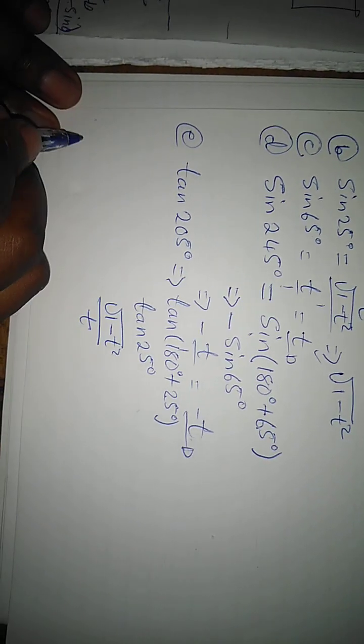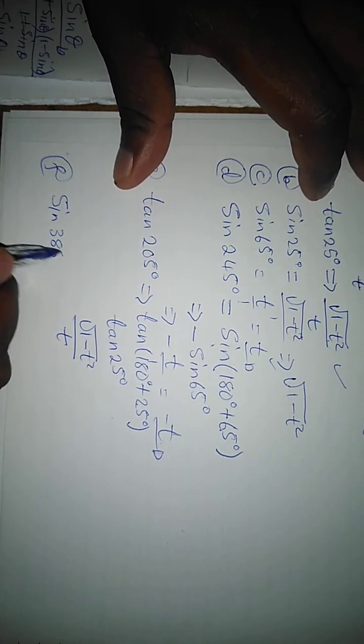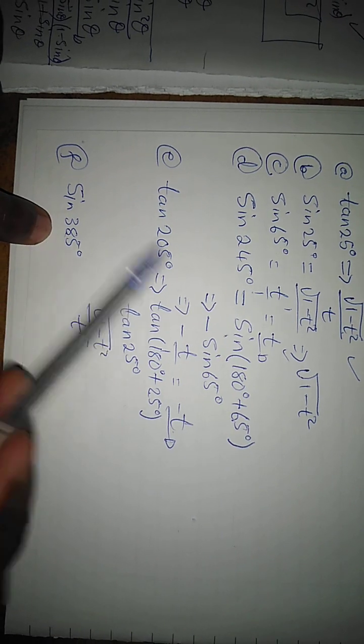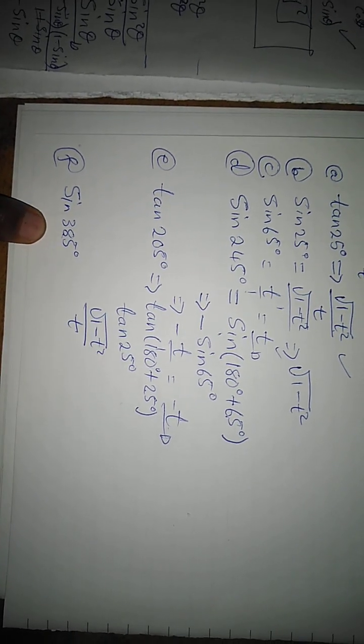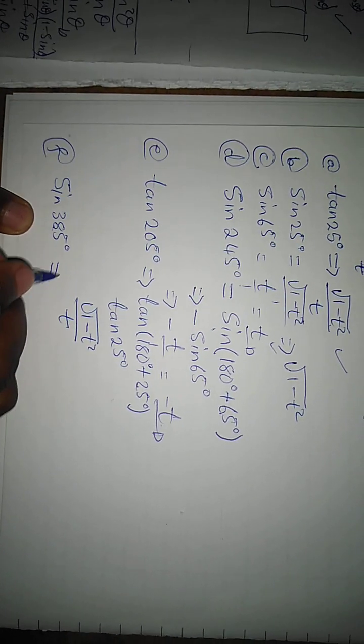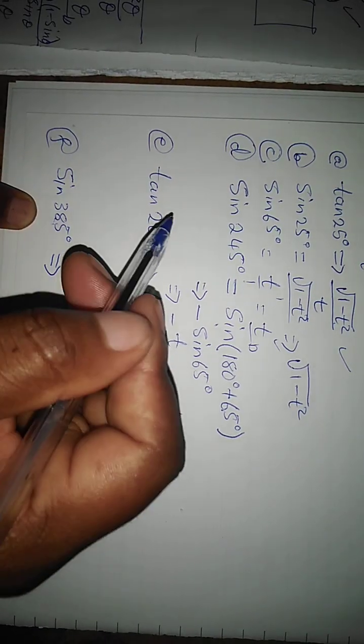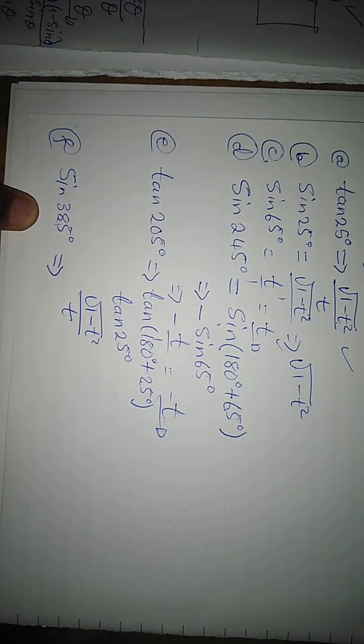Let's continue. F. It says sine of 385. Remember, I have not spoken about numbers that are above 360. Every time you encounter a number above 360, please subtract 360.